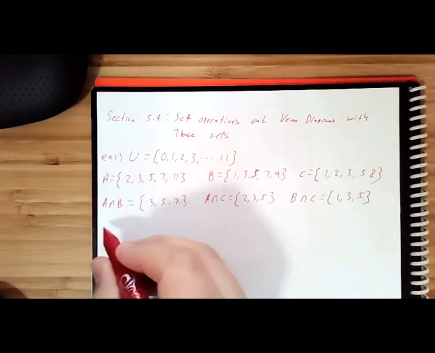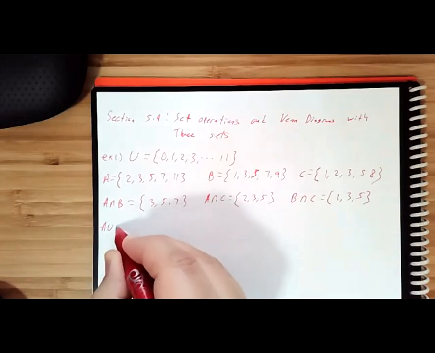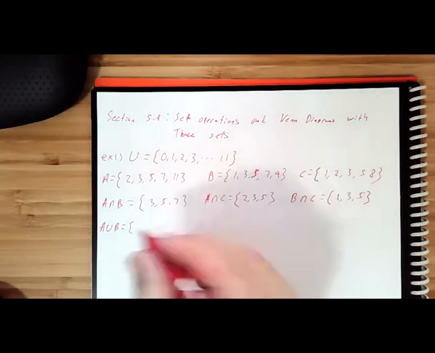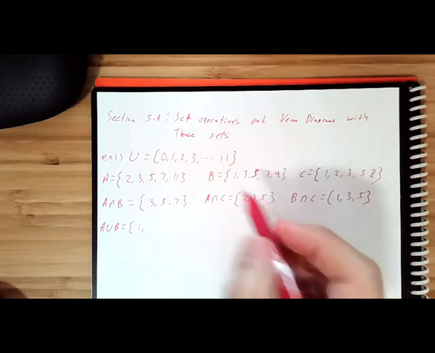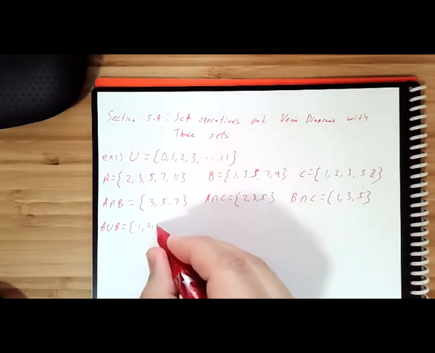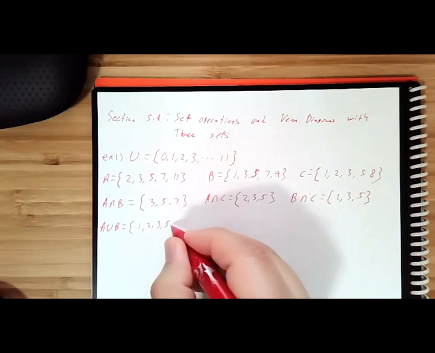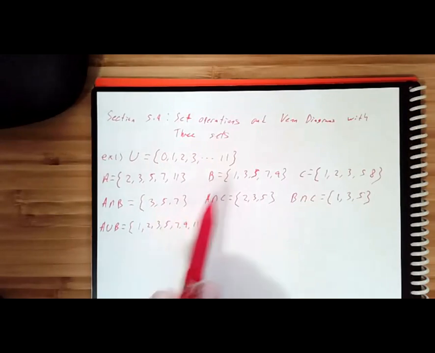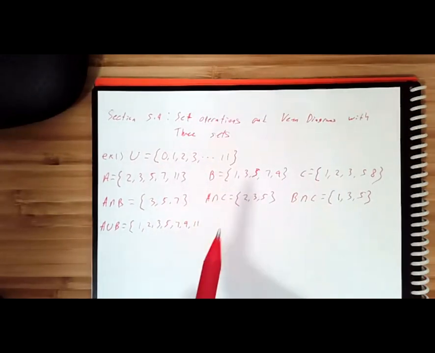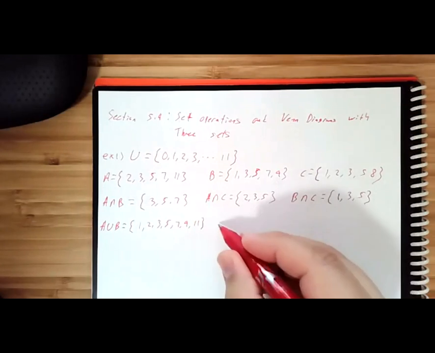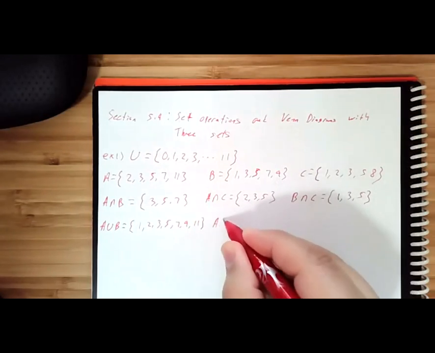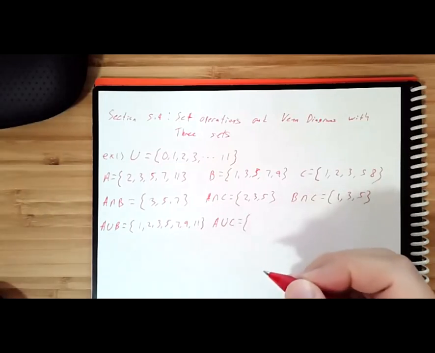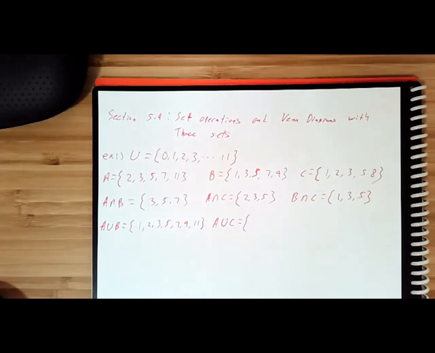Now, A union B. They combine A and B together. 1, 2, 3, 5, 7, 9, 11, right? Did I miss any? I think that's good. All right, just go ahead and do all of them. That way, when they ask questions, we have everything ready.